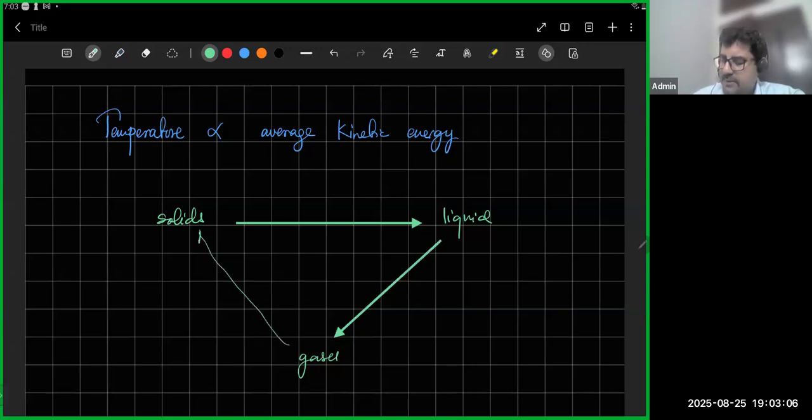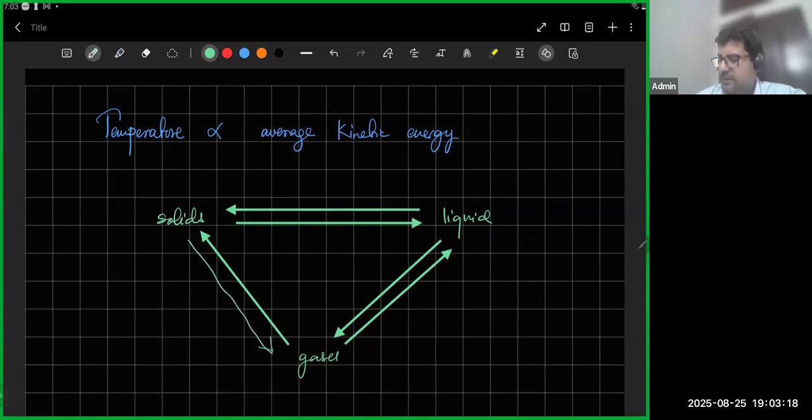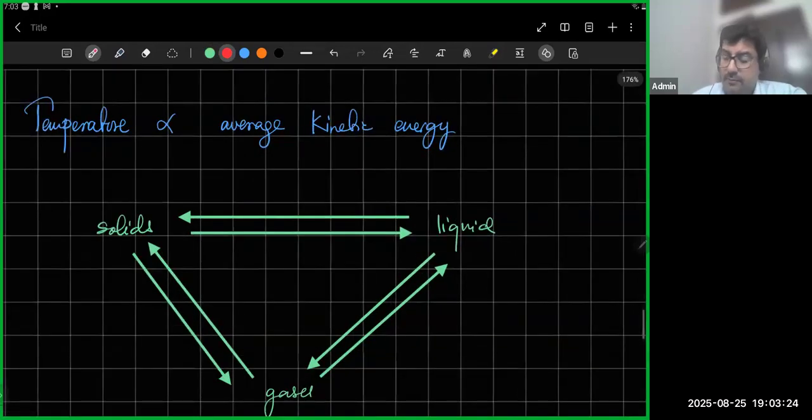They can also move from gas to liquid. They can move back as well.